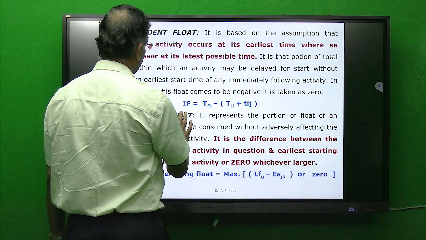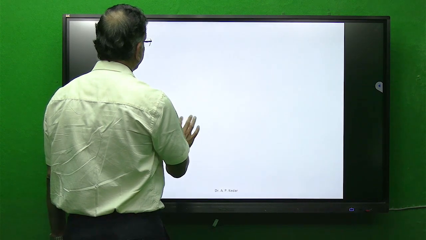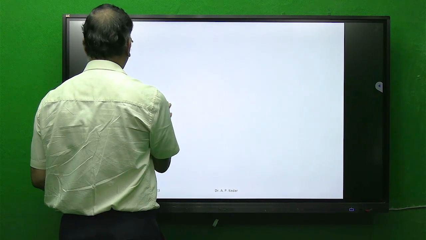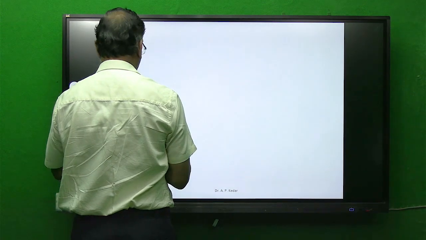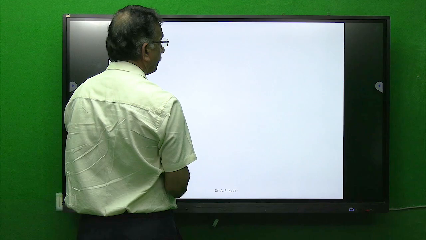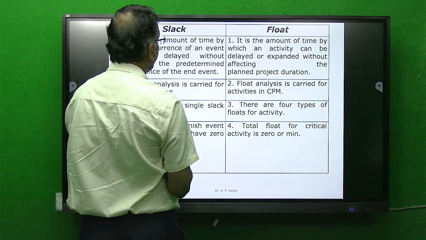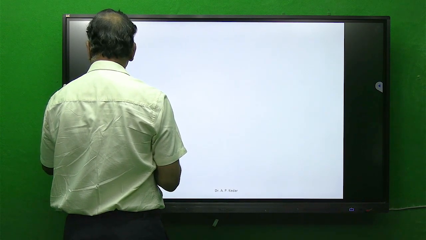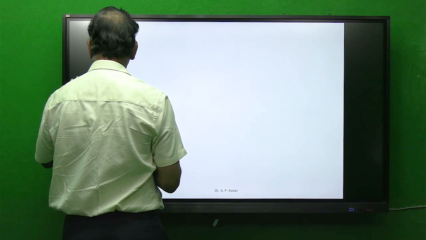We need one table for that. Now here, based on that table, let me show whether there is one table.